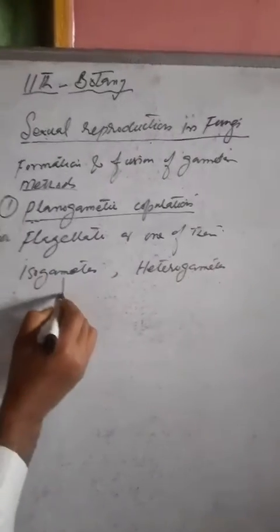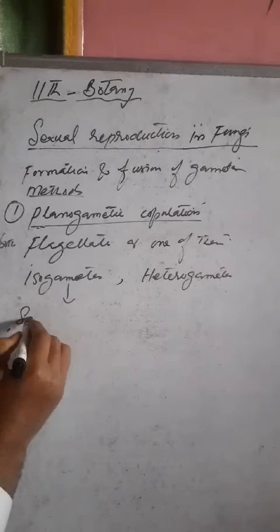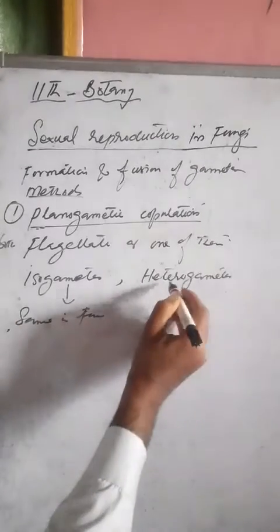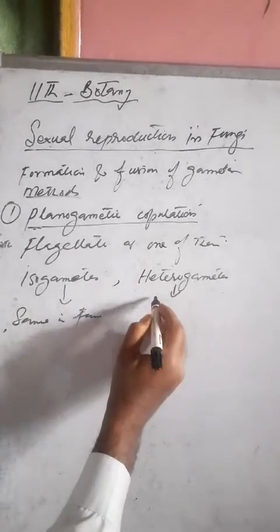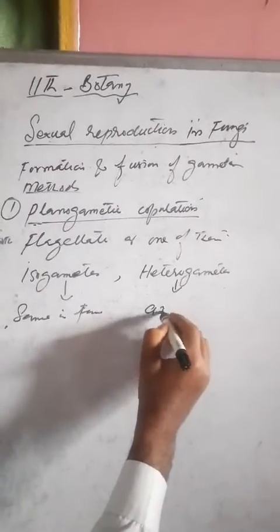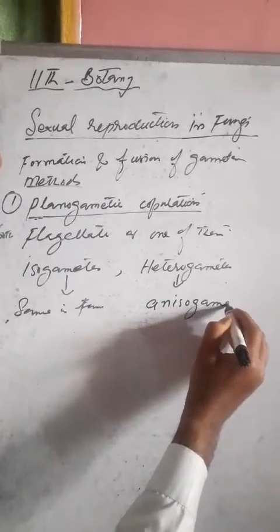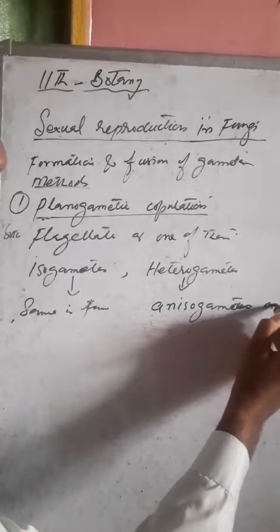In isogametes, the gametes are the same in form, but in heterogametes, they are different in form, and these different forms may be anisogamous or oogamous.